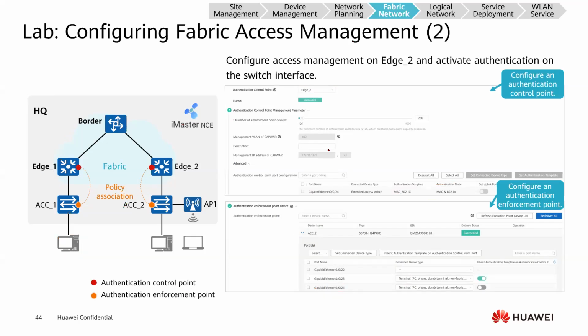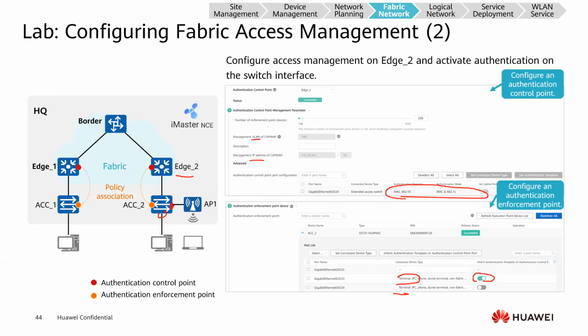And also for the H2, you need to create the point association between these two devices and tell the devices the management VLAN and management IP address to establish the tunnel. And for the edge port, it needs to bind with the authentication template. For the enforcement point, you need to choose the interface the wired users connect to, bind it with the terminal, and inherit the authentication template.